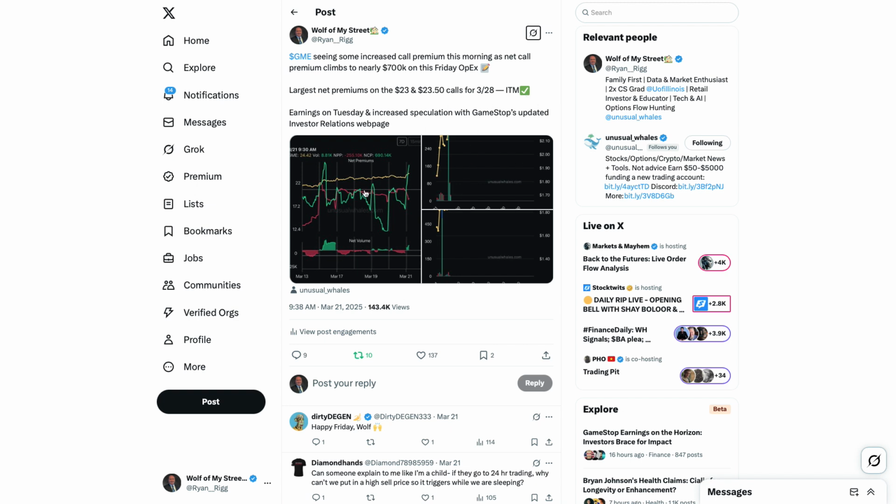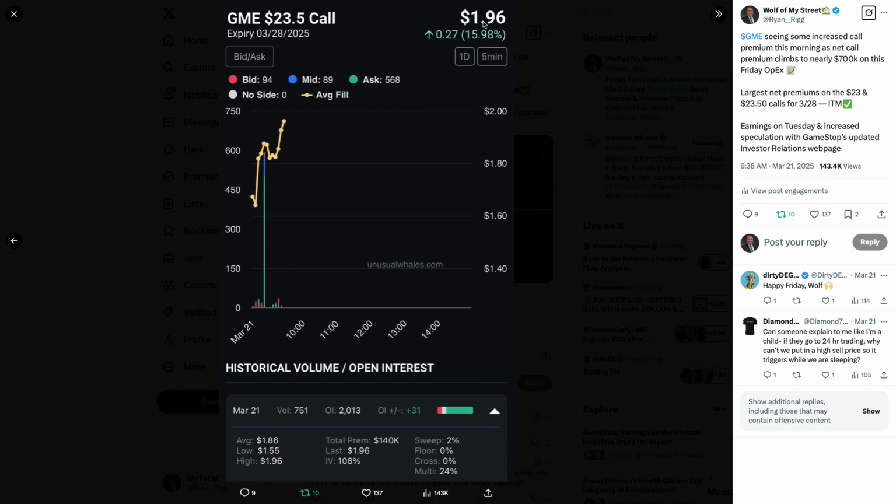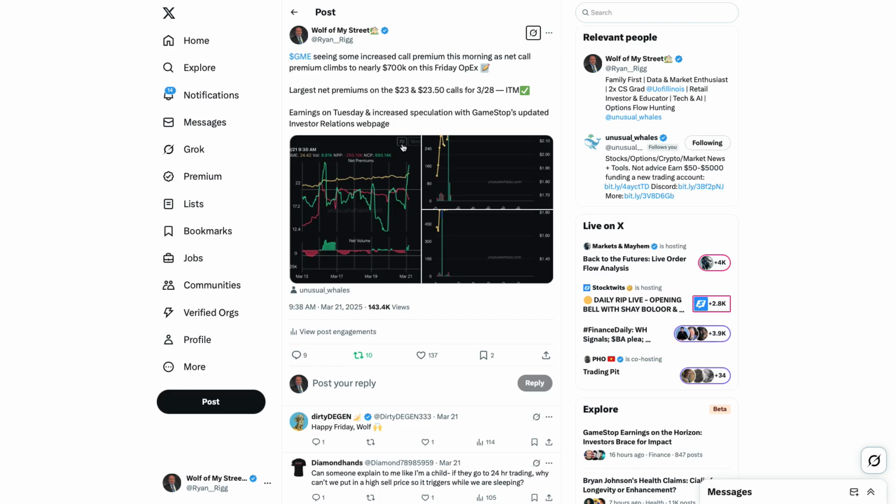They were in the money. We had increased speculation with earnings. I posted that, like I said, an hour after the open because the 23s were hitting there around $200, and then the 2350s were at 196. I mean, those things moved. They were up 60 points yesterday.